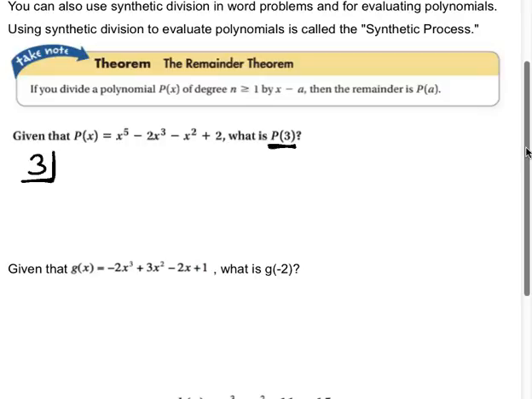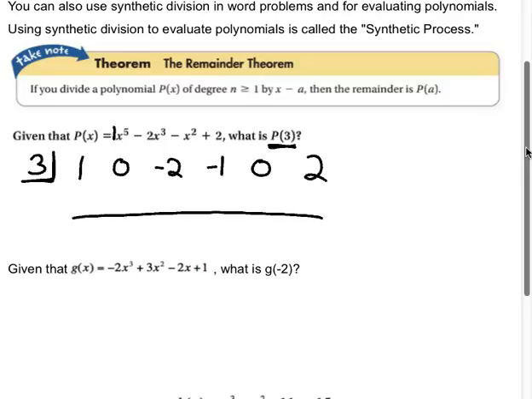So I'm going to use that 3, and then I'm going to set up synthetic division. I have 1x to the 5, no x to the 4s, so remember you need a 0 there, negative 2x cubed, negative 1x squared, no x's, and a 2. So this is also a really good reminder of making sure you use those placeholder zeros accordingly.